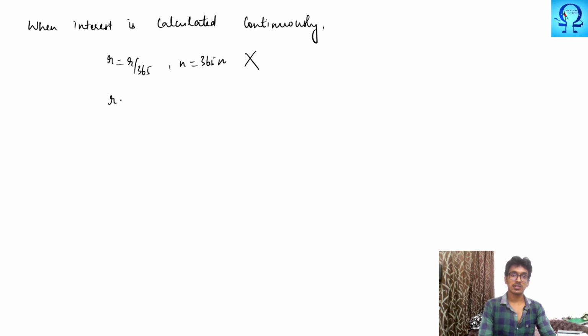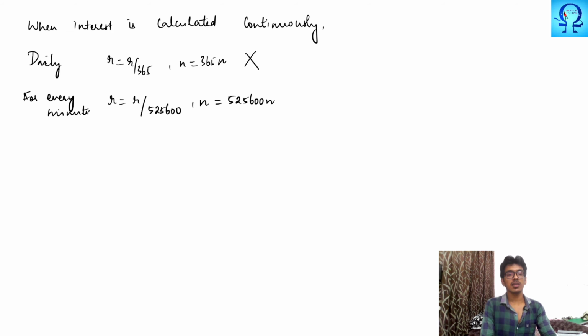So in this case, we replace r with r upon 5,25,600 and n with 5,25,600 times n. This would happen when we compound daily for every minute. If we go to seconds, we'll have to multiply by 60 again.